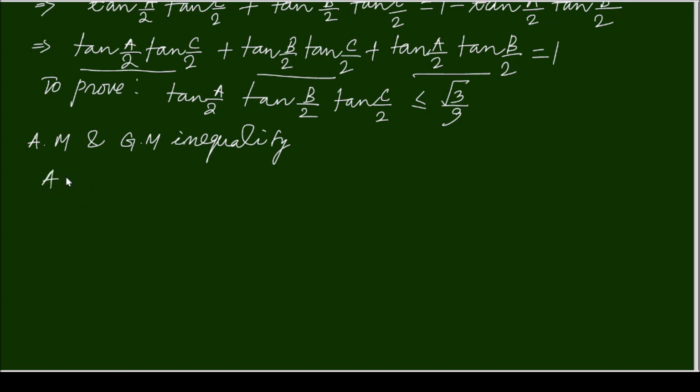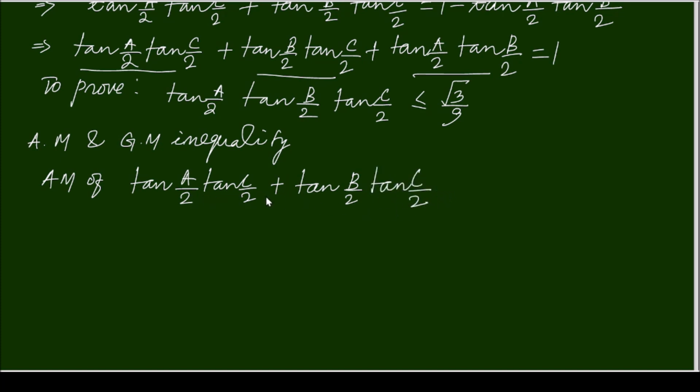So the AM of tan A by 2 tan C by 2, that means the two together, not only separately, plus tan B by 2 tan C by 2, plus tan A by 2 tan B by 2, all divided by 3.